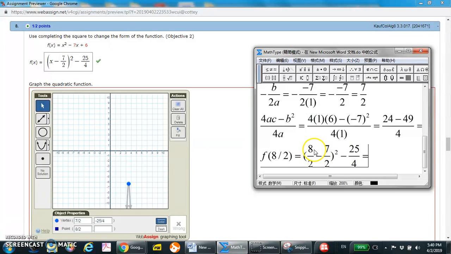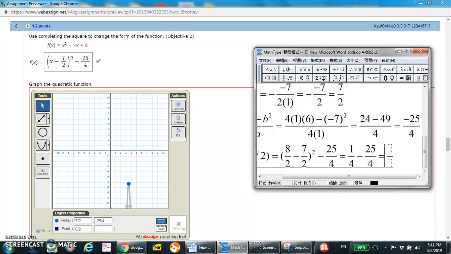So 8 over 2 minus 7 over 2, that's 1 over 2. And 1 over 2 squared, that's 1 over 4. And minus 25 over 4. 1 minus 25 over 4.